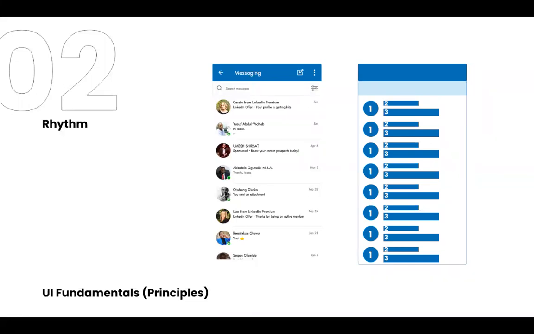So we have Saturday, we have April 6th, we have March 3rd. You can translate that into what we see on the right. We have 1, 2, 3, 1, 2, 3. That is a reading. The user knows what to expect next. As a result, things are easier for the user to accomplish with your application, because they are not struggling with getting the information.